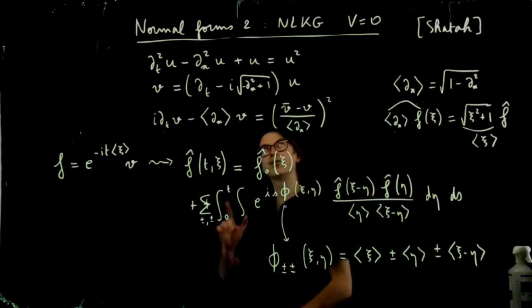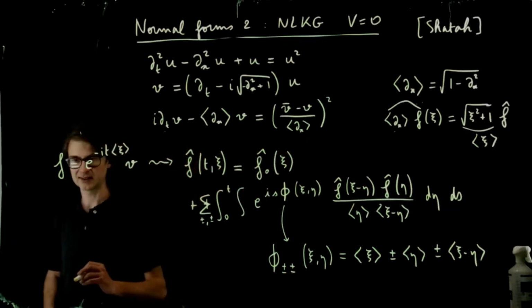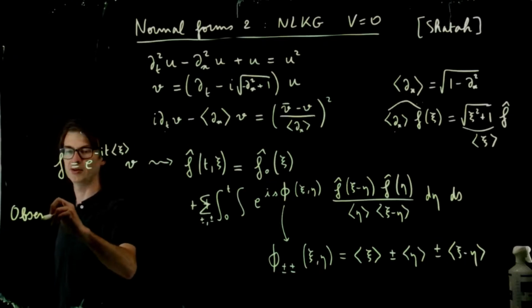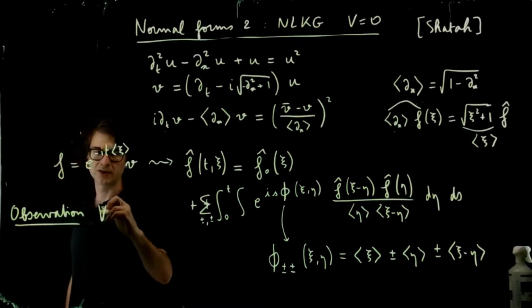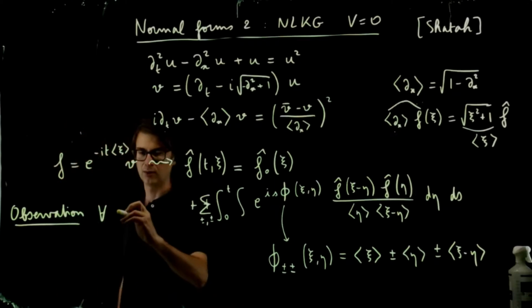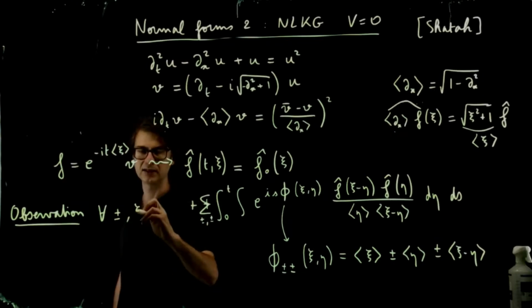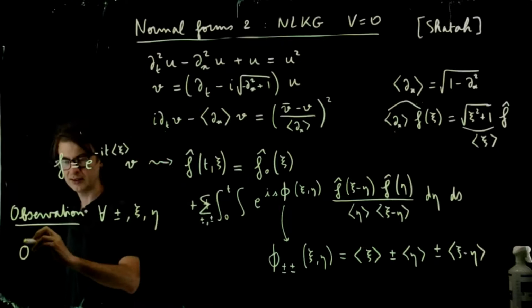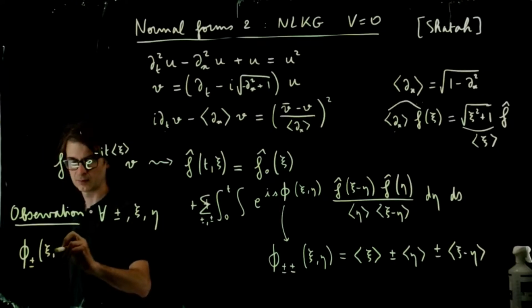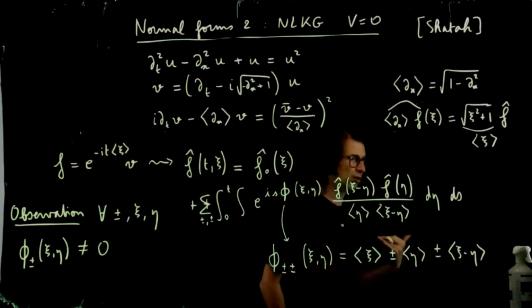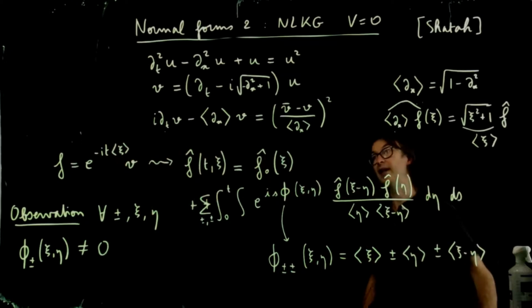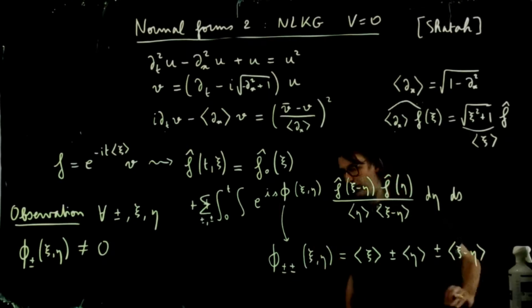And the critical observation for nonlinear Klein-Gordon is that for any choice of the sign and xi and eta, this phase is never 0. In other words, there are no quadratic resonances in the problem. That was the fundamental observation.